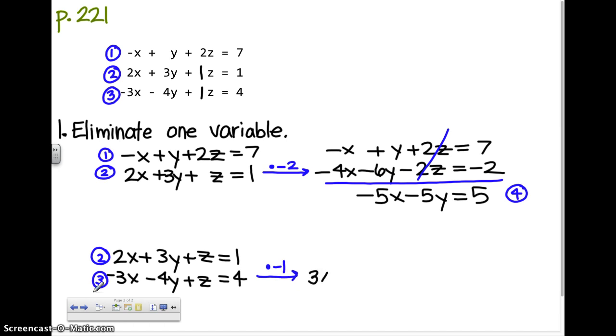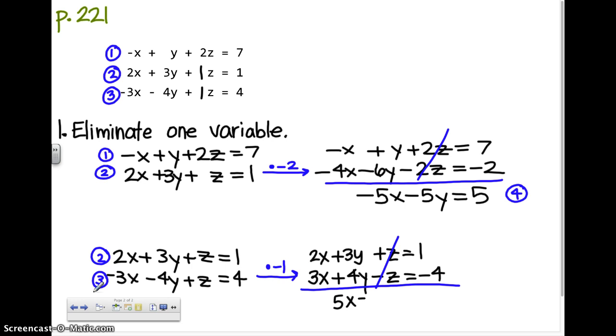So I got positive 3x plus 4y minus z equals negative 4. That minus z is the opposite of my plus z up on top. Okay? The z's are going to cancel. That was the goal. And I have a 5th equation.